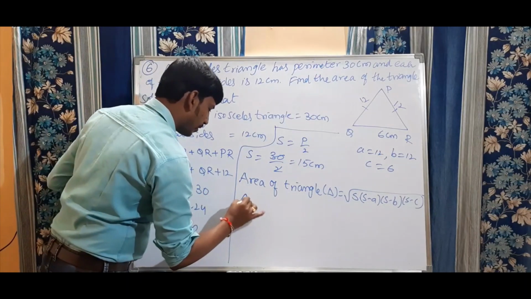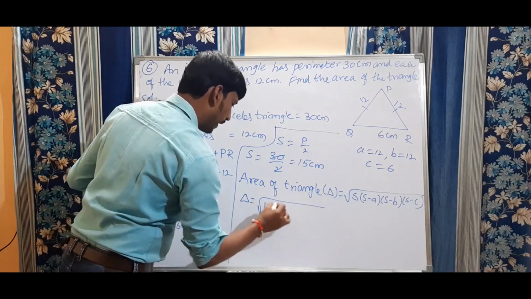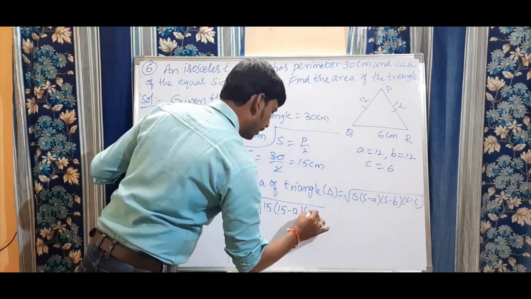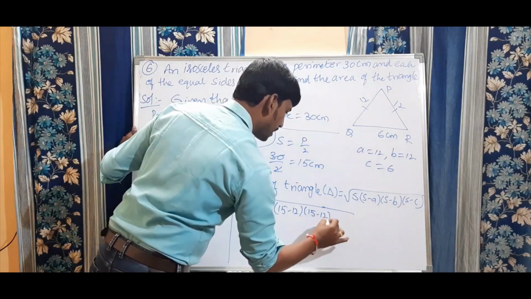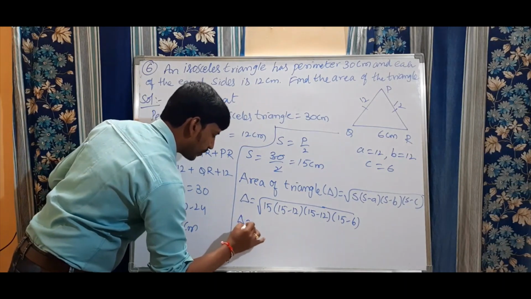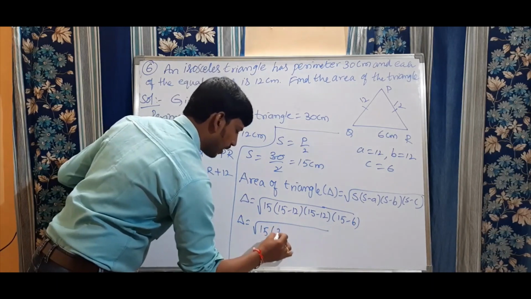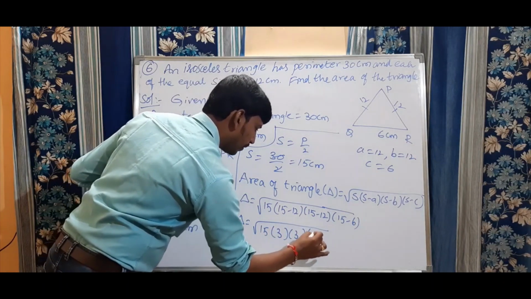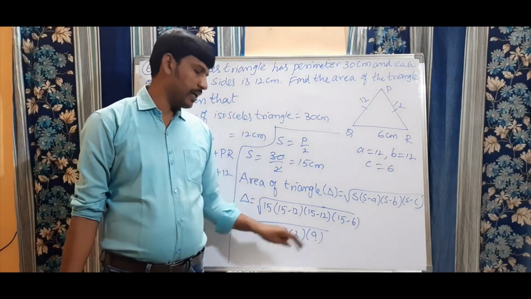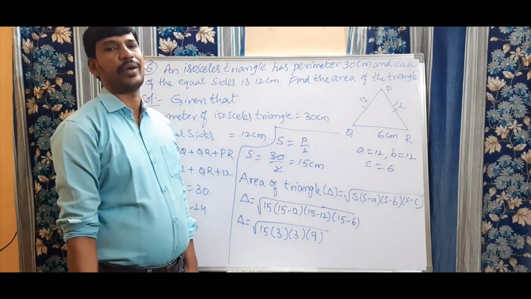Now delta is equal to the root of S, which is 15, into 15 minus 12 into 15 minus 12 into 15 minus 6. So delta is equal to the root of 15 into 3 into 3 into 9. Clear, my dears? 3 3s are 9, 9 9s are 81.